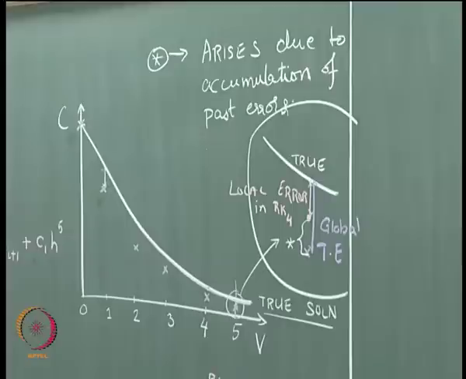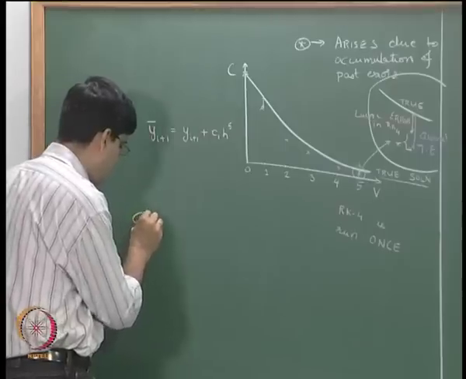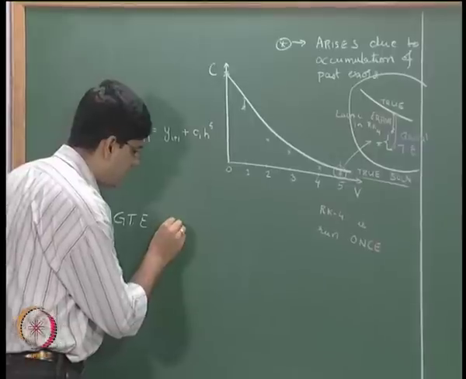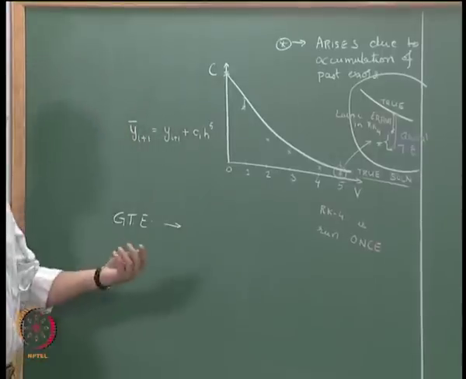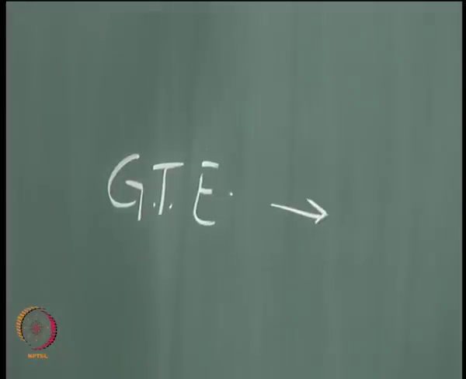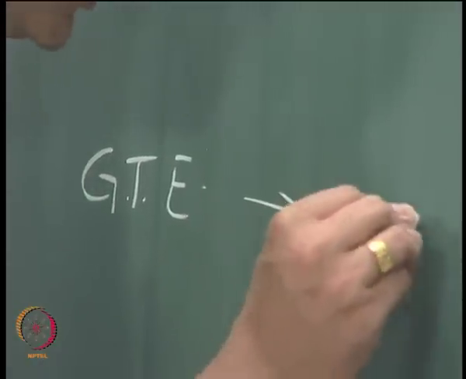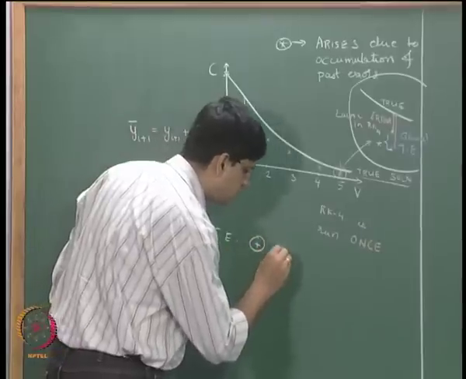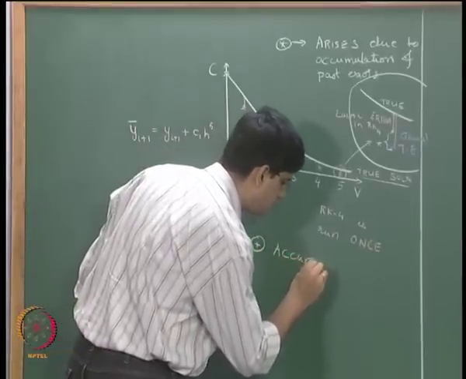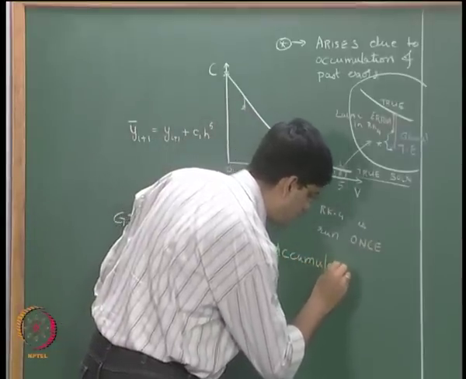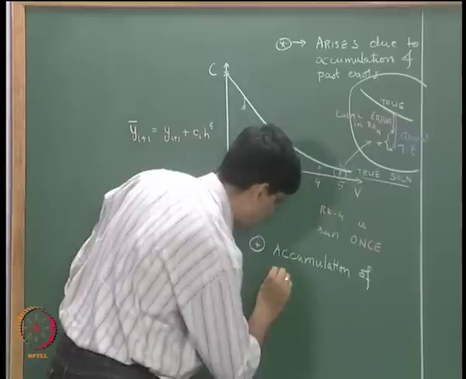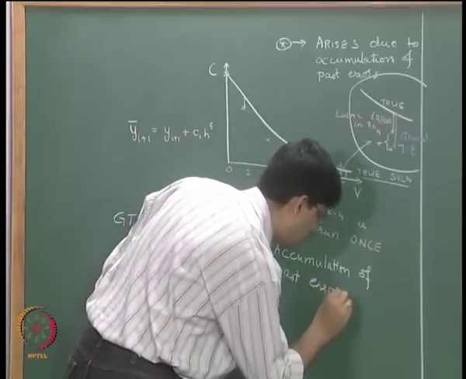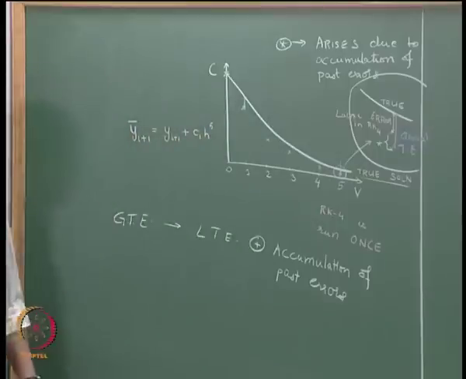Okay. So the global truncation error, we can say, is going to be some kind of a combination of the local truncation error plus accumulation of past errors.